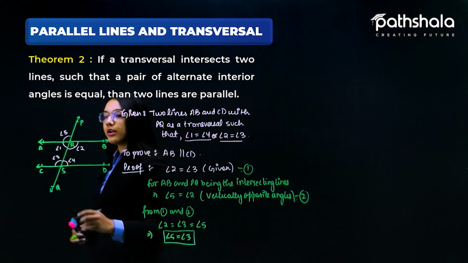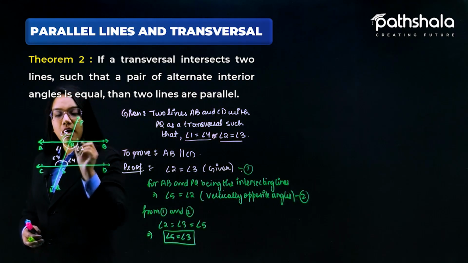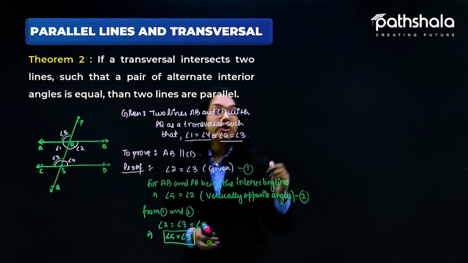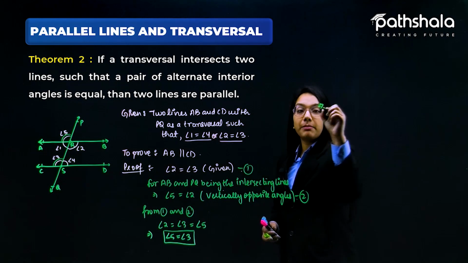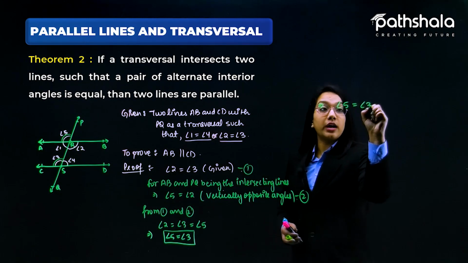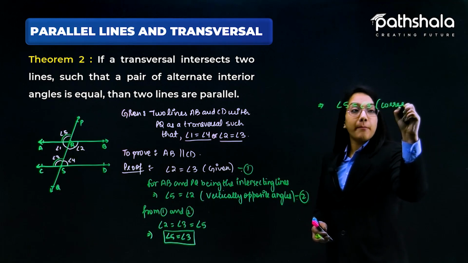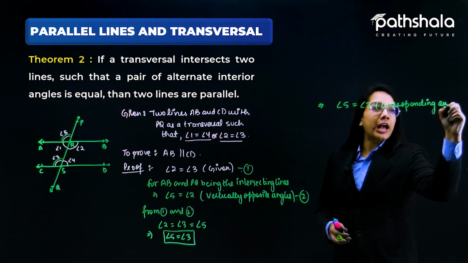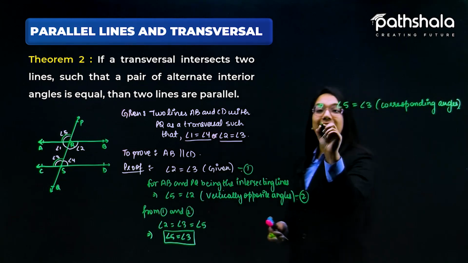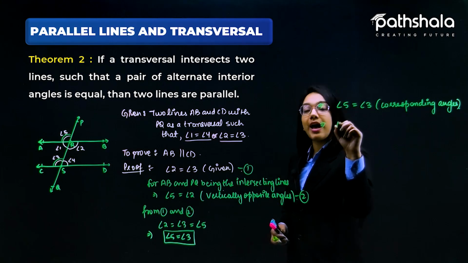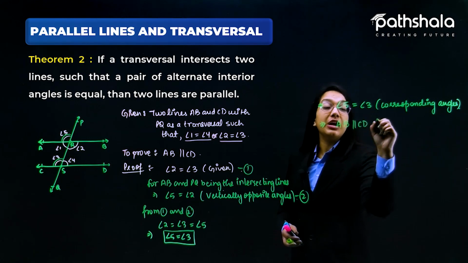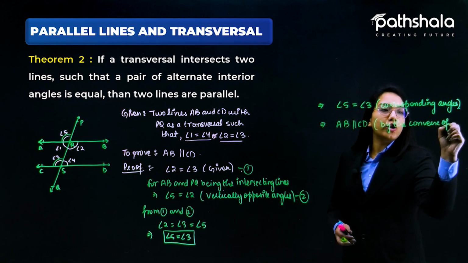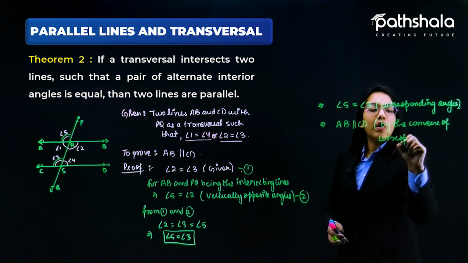Hence, this particular angle and this particular angle are equal to each other. If angle 5 is equal to angle 3, they definitely form a pair of corresponding angles. Since they are corresponding angles, it implies that AB is parallel to CD by the converse of the corresponding angle axiom.